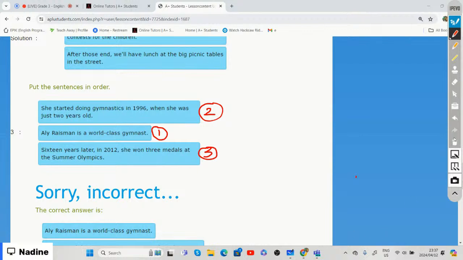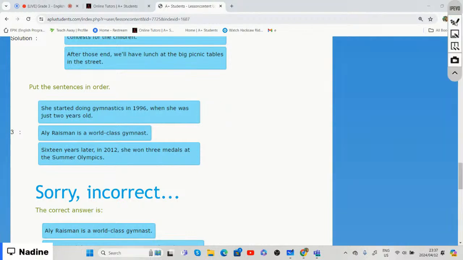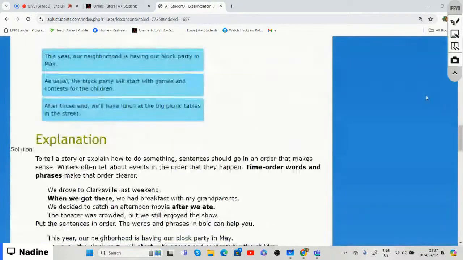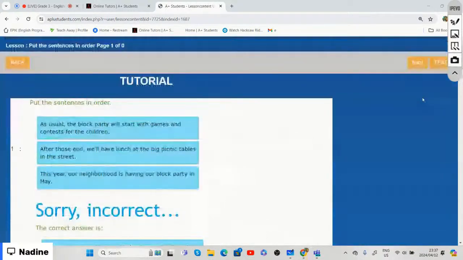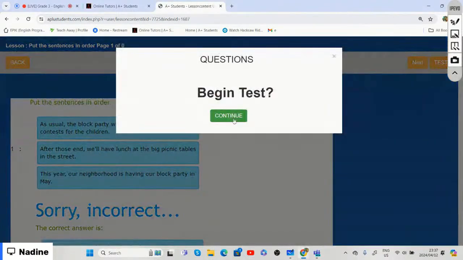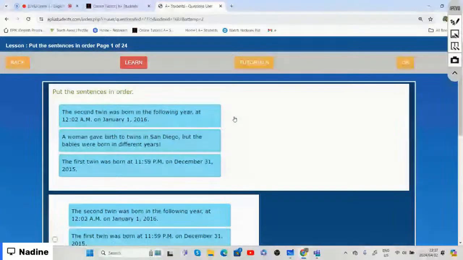All right. Now let's go to our test, where we are going to put the sentences in order. We need to put these sentences in order.